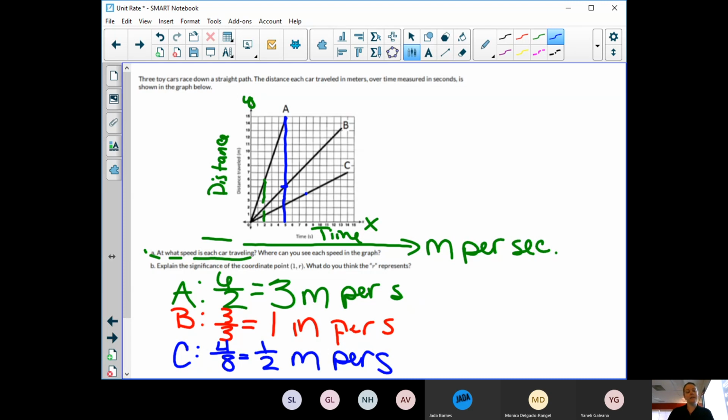When A is at 15 meters, how far had car B traveled? Only 5 meters. So which is greater, 15 or 5?